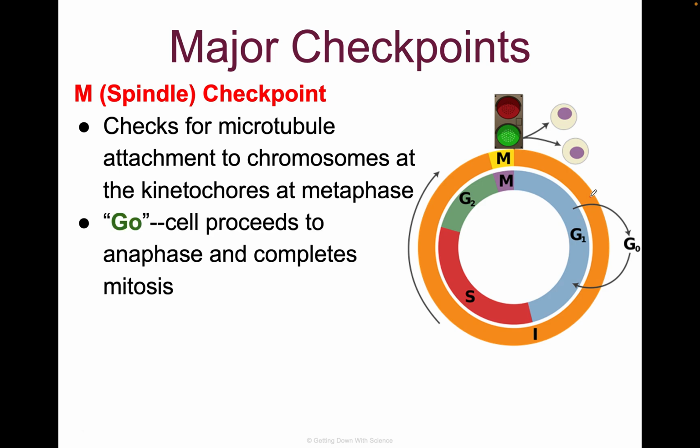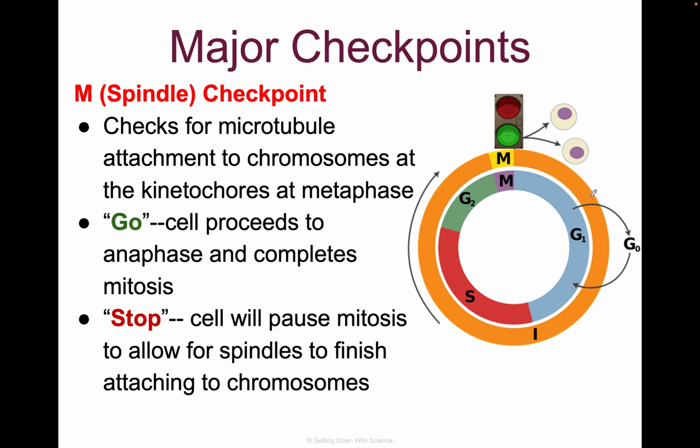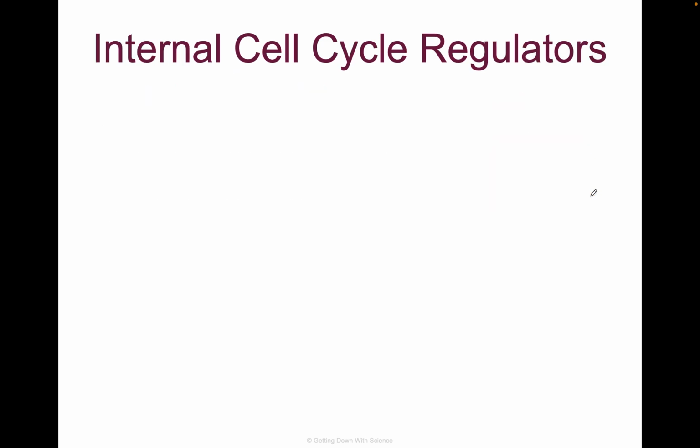If everything looks good and the microtubules are attached to the kinetochore at the correct spots, then it completes anaphase and goes through mitosis, and now there's two of them. If a stop signal is reached because the microtubules didn't attach properly to the kinetochores, the cell will pause and allow the spindles to finish attaching. So we pause for a second.